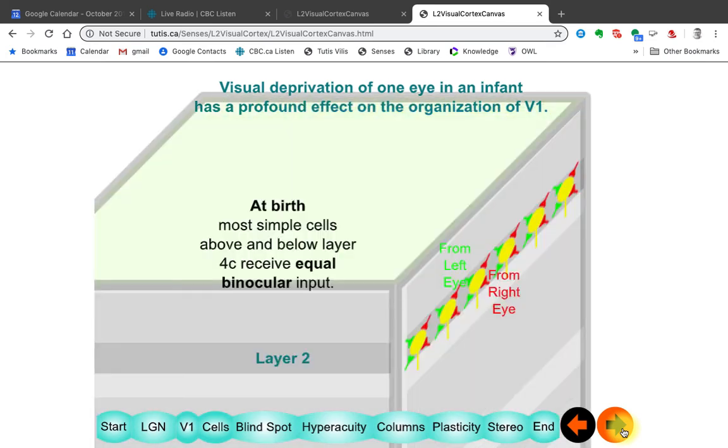Okay, at birth, you don't see so much of this structure. This is up in layer 2, so this is where you'd find your binocular cells and simple and complex cells. And you find this coloring is either a signal from one eye or the other eye.